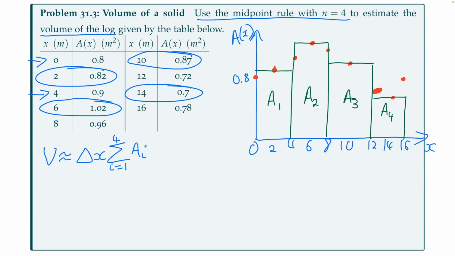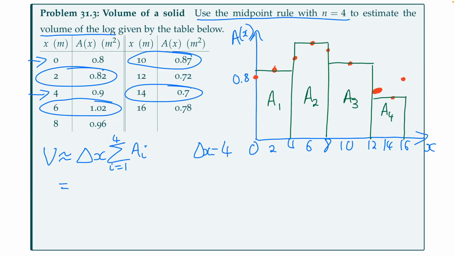What's our delta x here? Can anyone tell me? The total length of the object is 16 meters. Our delta x is the distance between each of the cross-sectional measurements. Anyone? 4, yeah. Okay, so 4 meters.